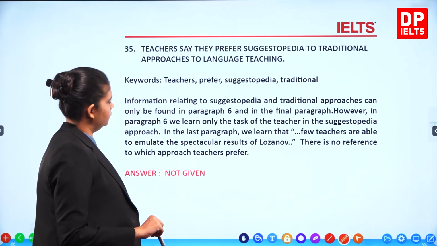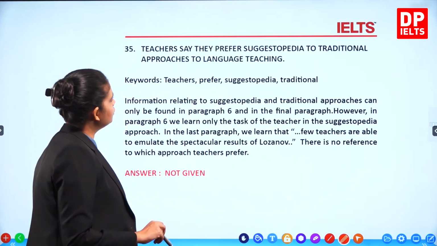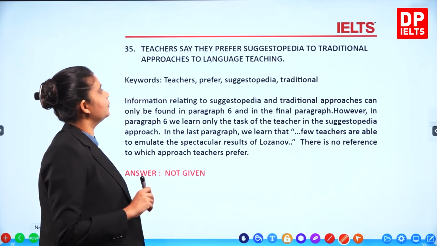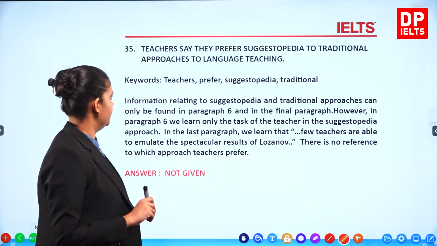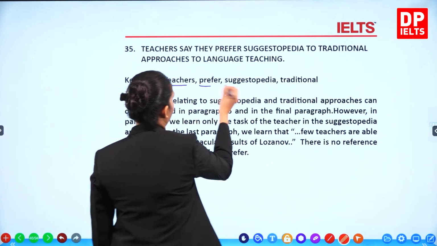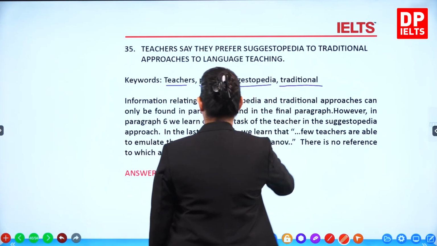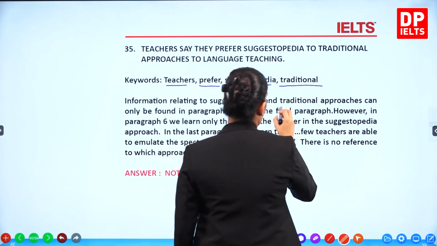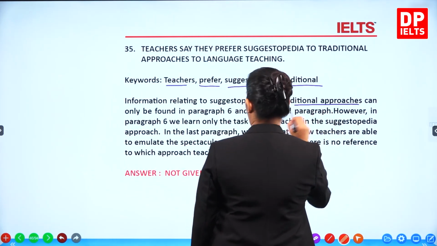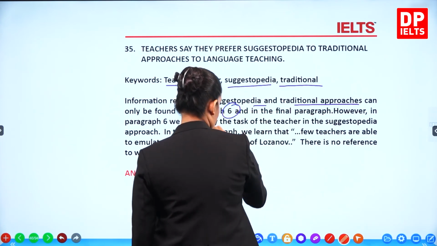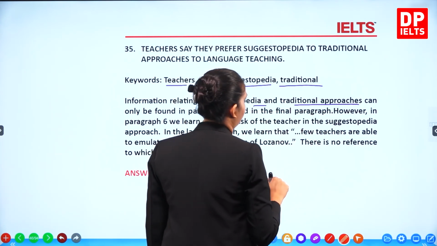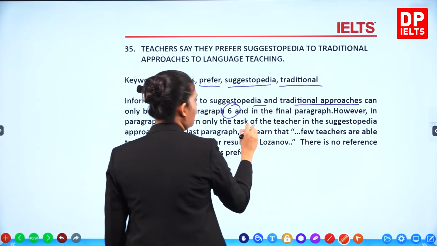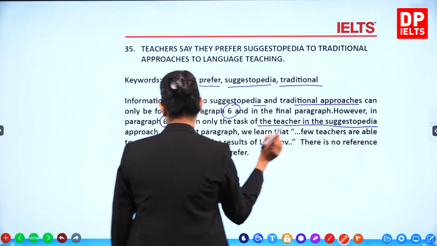Question number 35. Teachers say they prefer Suggestopedia to traditional approaches to language teaching. Teachers prefer Suggestopedia traditional. Information relating to Suggestopedia and traditional approaches can only be found in paragraph 6 and in the final paragraph. However, in paragraph 6, we learn only the task of the teacher in Suggestopedia.